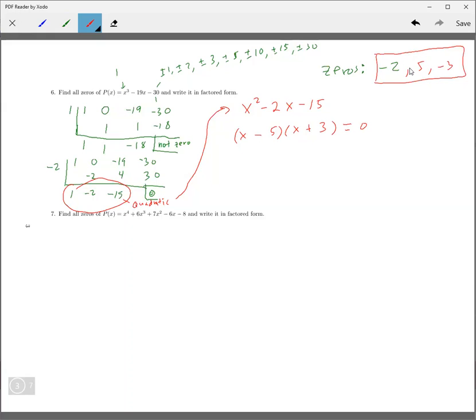So that's all the zeros right there: -2, 5, and 3. And then the factored form is going to be x plus 2, that's from the -2, 0, and then these two. Okay, so the polynomial here is equal to this.